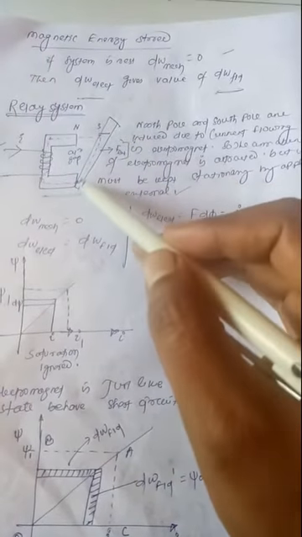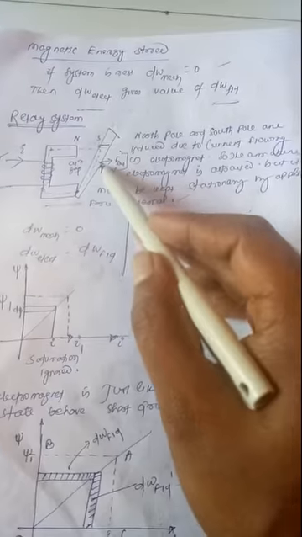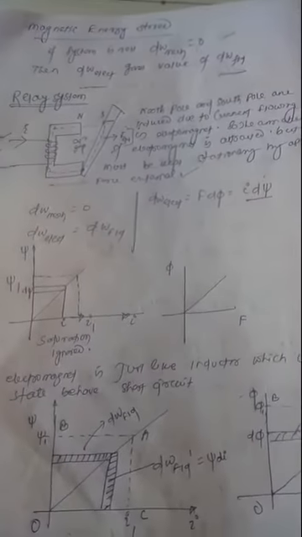The armature will only be at rest if we hold it by applying an external force. This Fext is your external force here. If you hold this armature, dW mechanical will be equal to 0, the change in mechanical energy will be 0. So if dW mechanical is equal to 0, dW electrical will be equal to dW FLD.